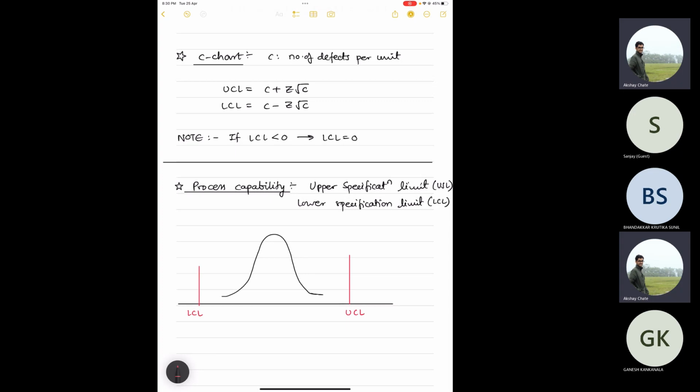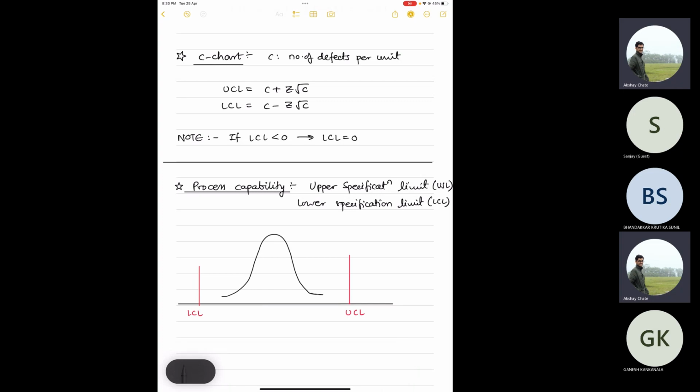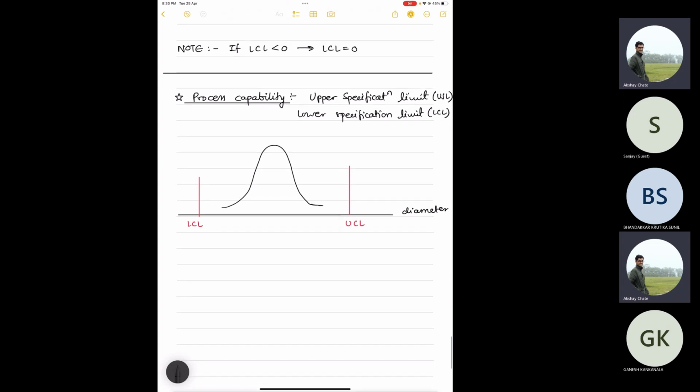Here the x-axis is not the number of samples or something. It is the characteristic itself. Let's say we are comparing the diameter of a specimen, and the customer says that the specification he expects is 10 plus minus 2 mm.